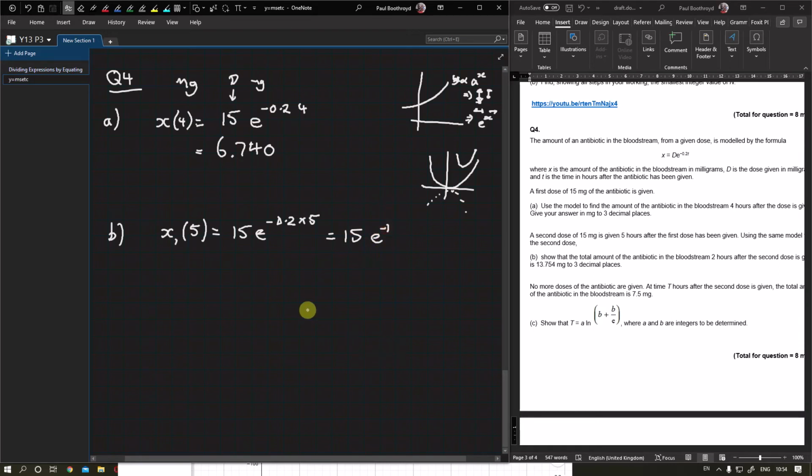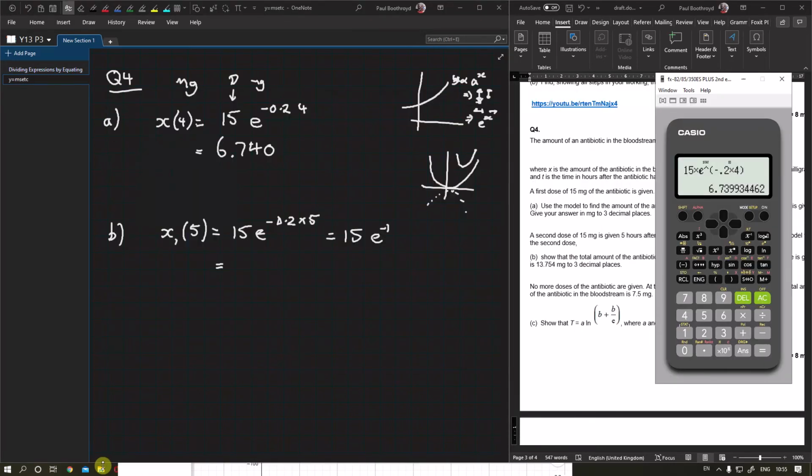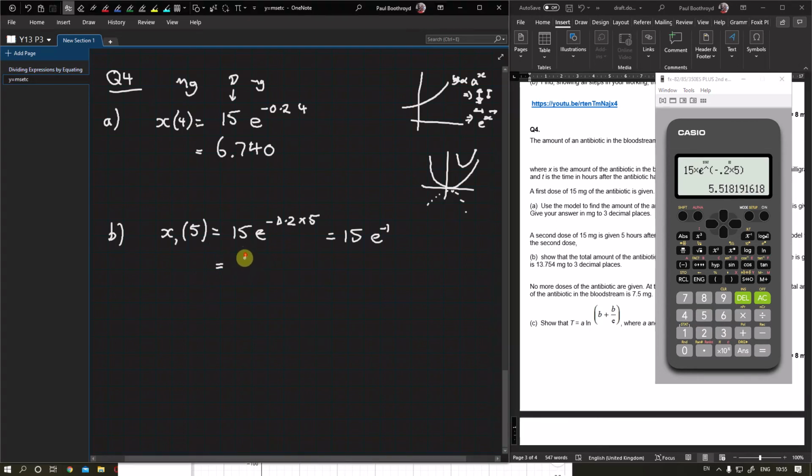And when we calculate that amount, again using the calculator, I'm just going to edit my previous calculation. Now it's got 5 in it. We get 5.518 milligrams to 3 decimal places.